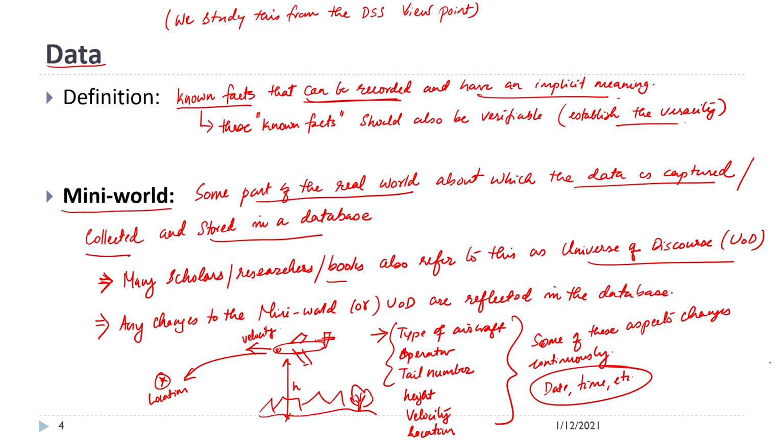For example, on 23rd of January 2023 at 7:53 p.m., this was the particular height at which this aircraft with the tail number VT whatever was flying, at an altitude of 5,000 feet above the ground, with 600 knots or whatever it is. You understand what I am trying to say, right? It is not just that you capture it, but it is captured in such a way that it makes sense and can be validated or verified at a later time.